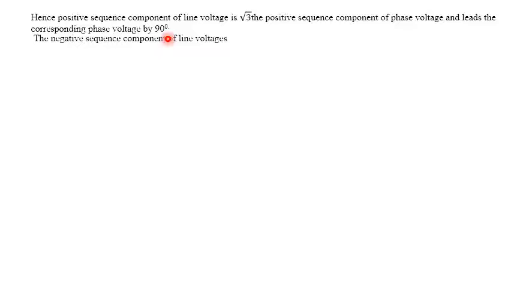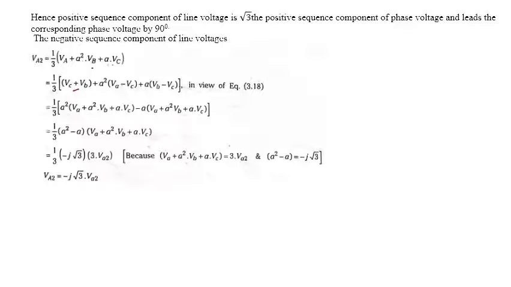That is the meaning. Similarly, the negative sequence component of the voltages can be written as VA is 1 by 3 times VA plus a square into VB plus a into VC.